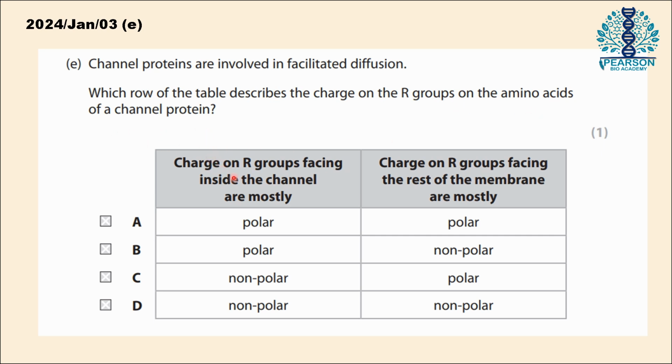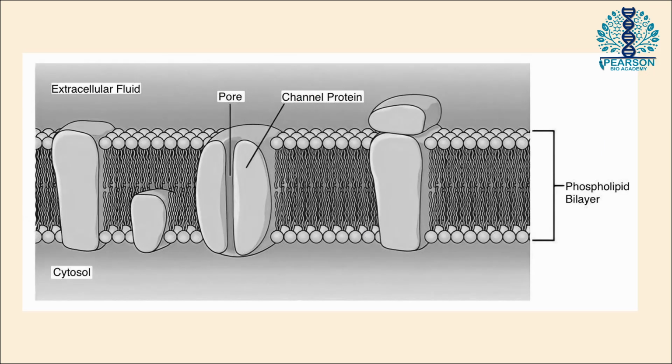You have to look at the charge on R groups facing inside the channel and facing the rest of the membrane. This picture illustrates a cell membrane structure with a channel protein. If you look at the diagram carefully, you can see that the outside of this channel protein is facing the fatty acid, which is nonpolar.